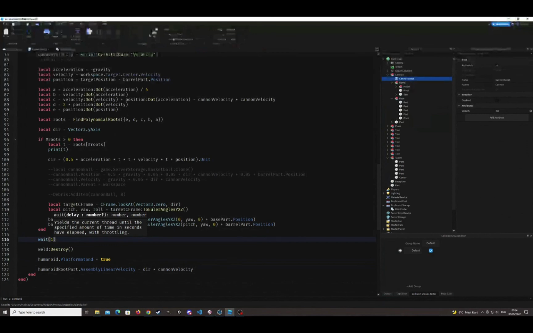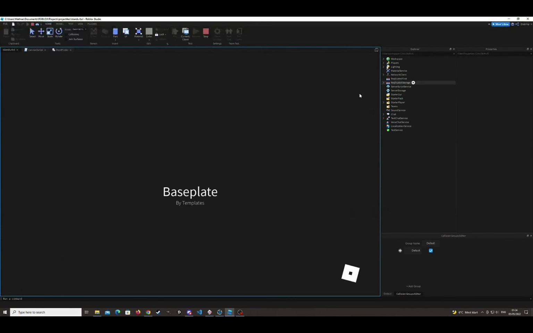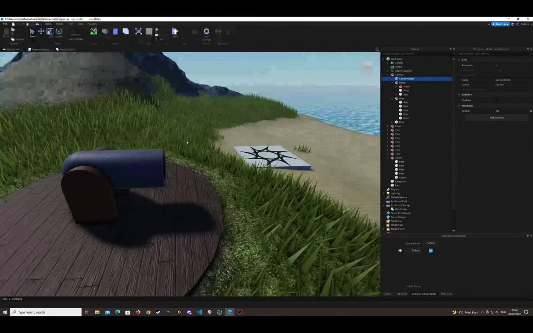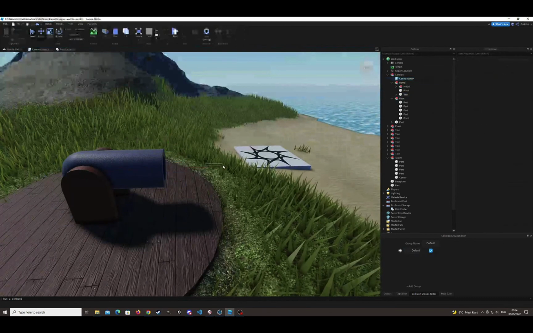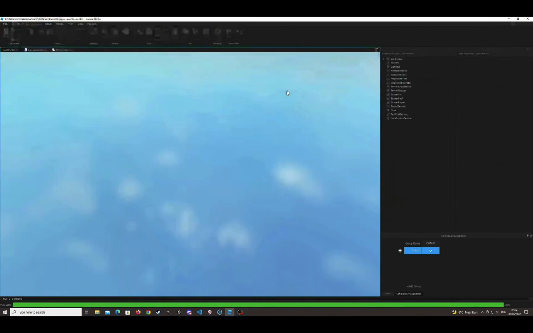Oh, I was thinking you might be colliding with the cannon. Yeah. What if we just move this a little bit out?